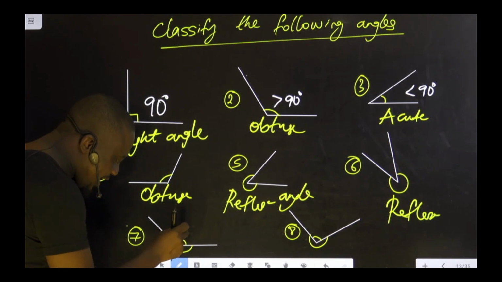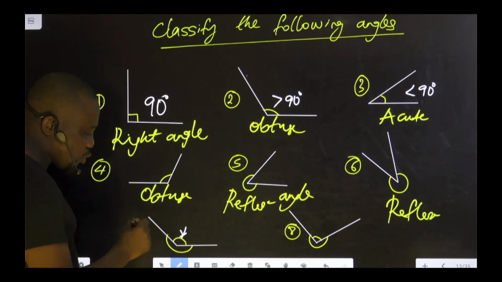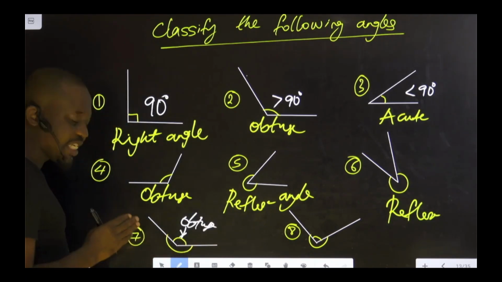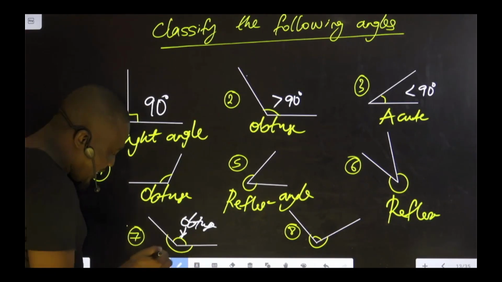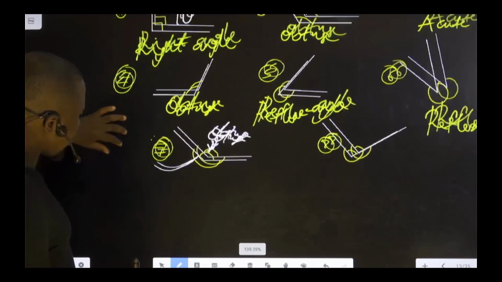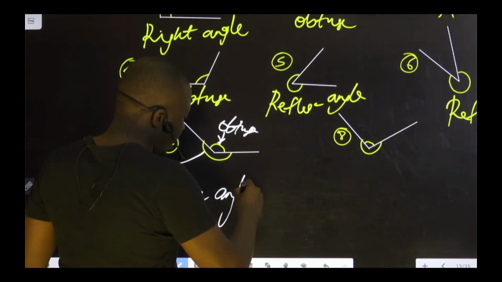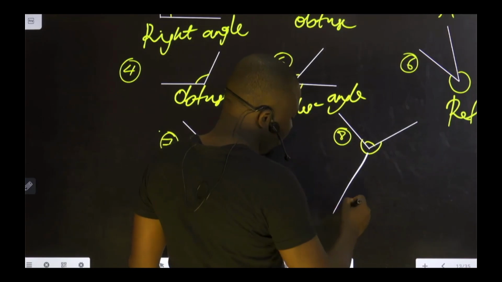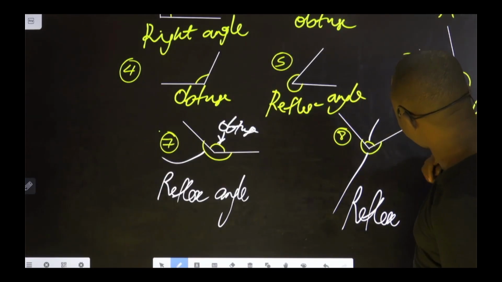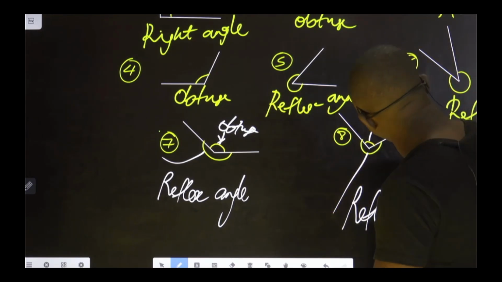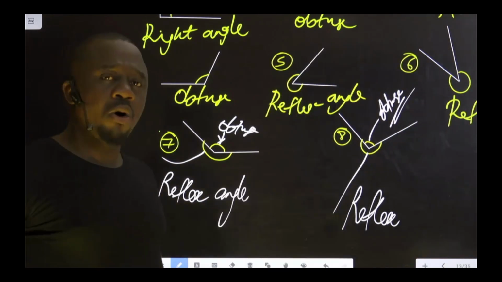This side of it, we are asked to get, is obtuse, because it is more than 90 degrees. But this one is more than 180 degrees. This other side of it is called a reference angle. The same thing with this one, reference. Consider this one. Do you think this is more than 90 degrees? I think so. If it is more than 90, it's obtuse. Okay?